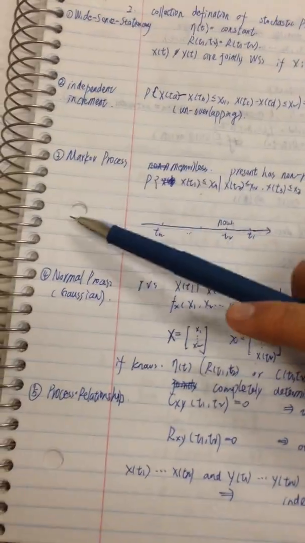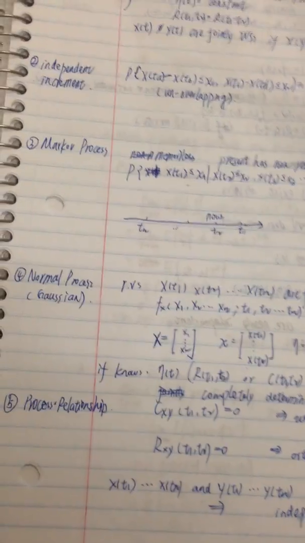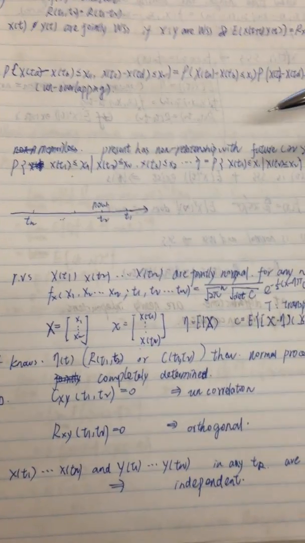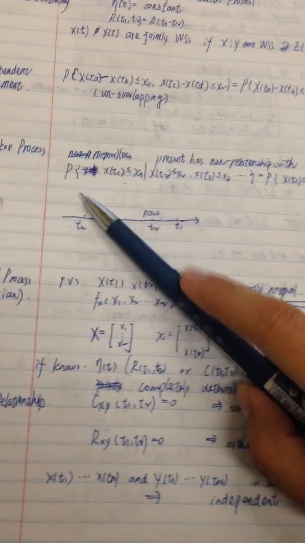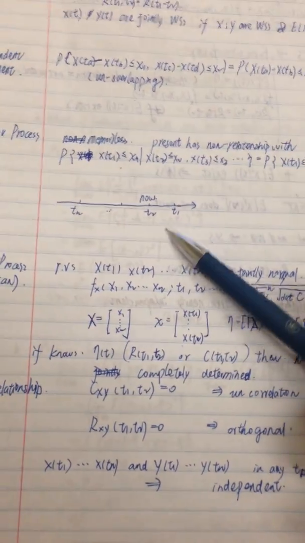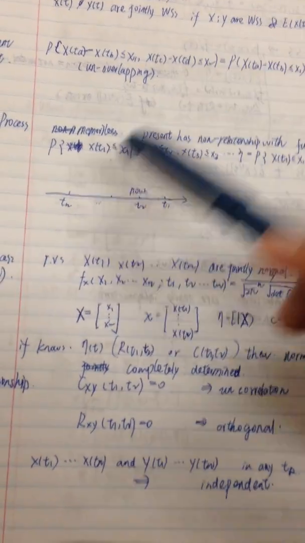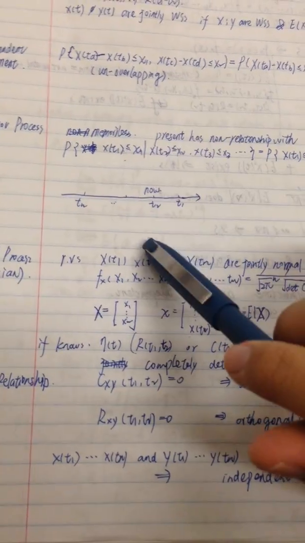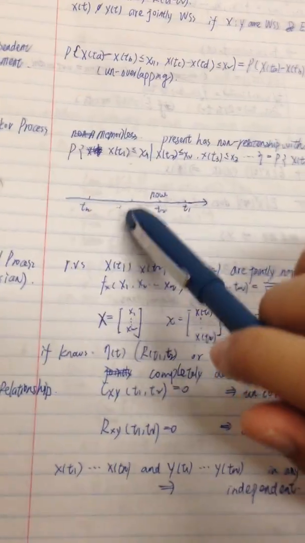And for the Markov process, we also know the Markov process as a memoryless process, which means that the future is not related to the past given the present. So we're going to write like this. Assume that there are many events happening on this time axis, and T1 is the future, T2 is the present, and T3, T4 to Tn are past events.